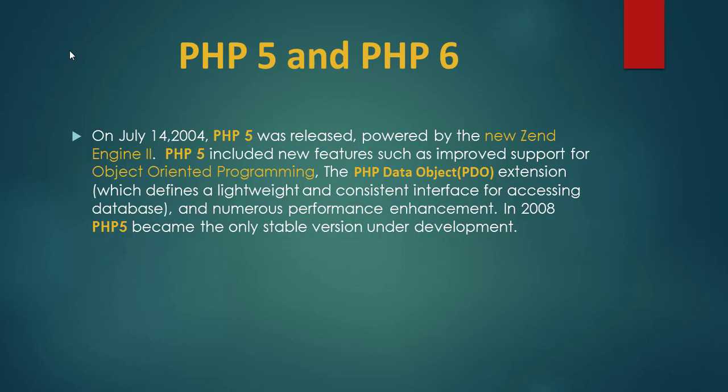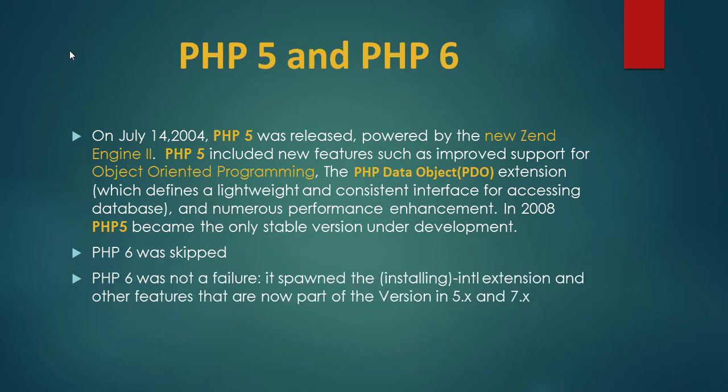In 2008, PHP 5 became the only stable version under development. PHP 6 was skipped. PHP 6 was not a failure; it spawned the INTL extension and other features that are now part of the versions 5.x and 7.x.